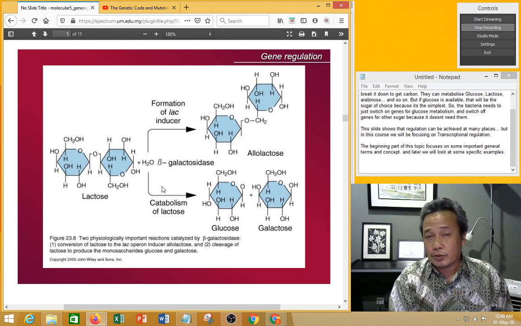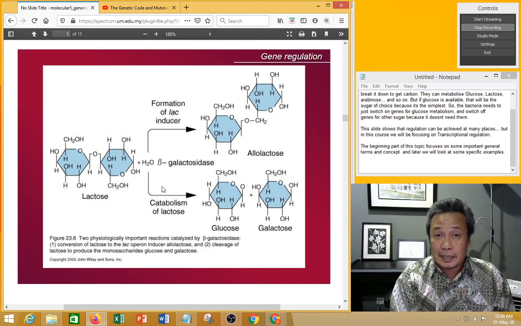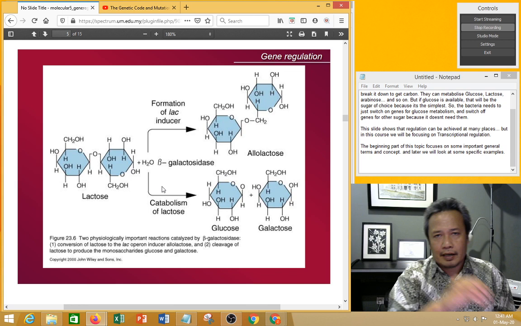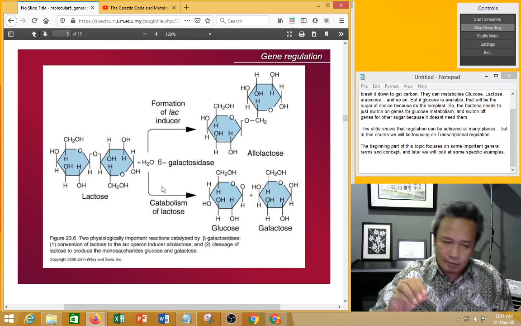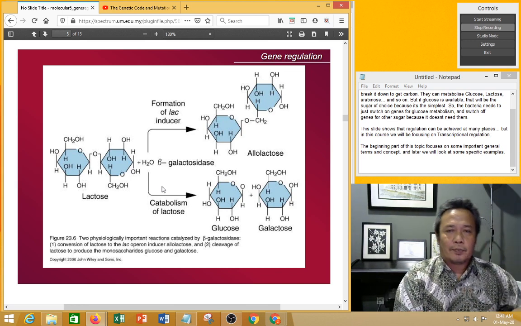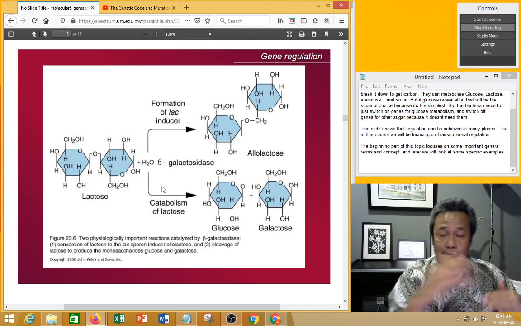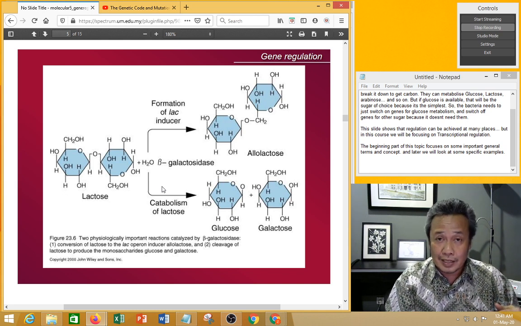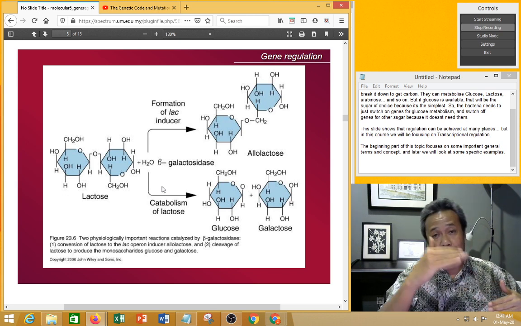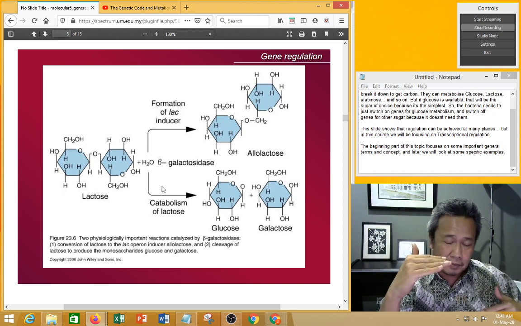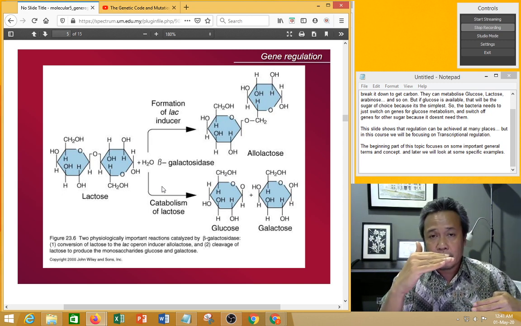You have very small amounts of beta-galactosidase being produced. In the presence of lactose, it starts to break down lactose, and then you get allolactose, which gives a positive feedback, so you break down further, and with more lactose present, it becomes higher and higher. That is what you mean by activation of genes.